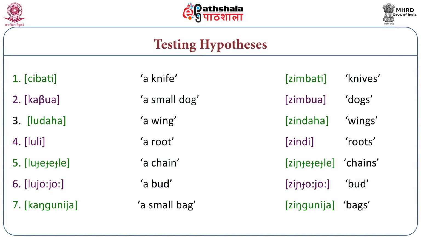So the second rule, which assumes that the approximant is the underlying form and the plosive is the derived form, is the one which is acceptable. So in the grammar of this language, we will assume that the rule is approximant becomes plosive, not the other way around.